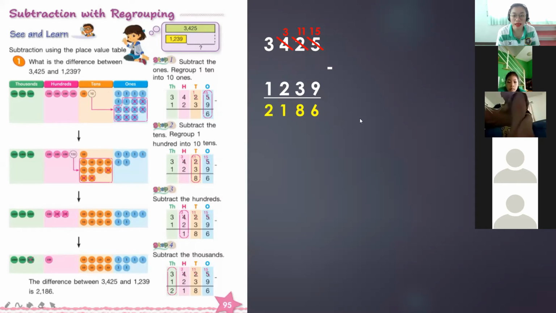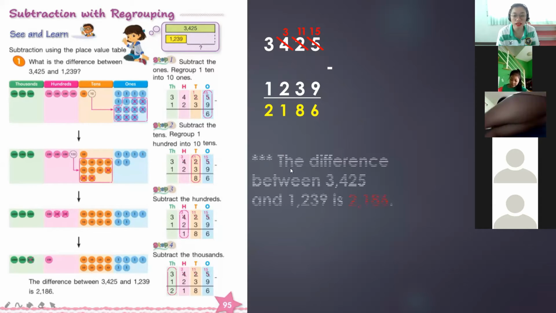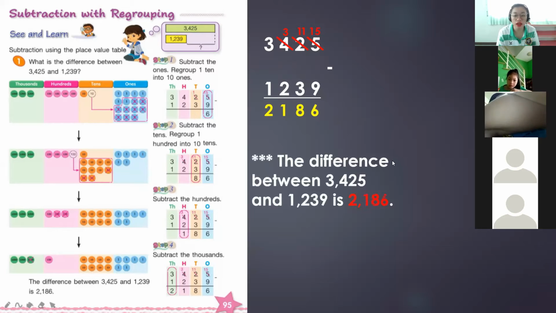So the difference of 3,425 minus 1,239 is equal to 2,186. That's how we subtract with regrouping. We borrow from the numbers.